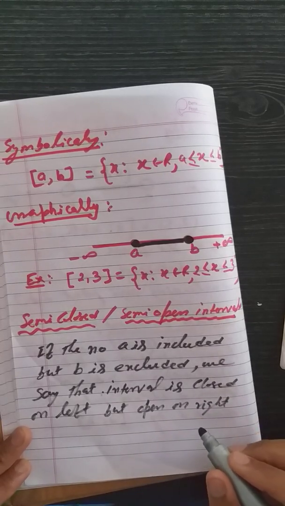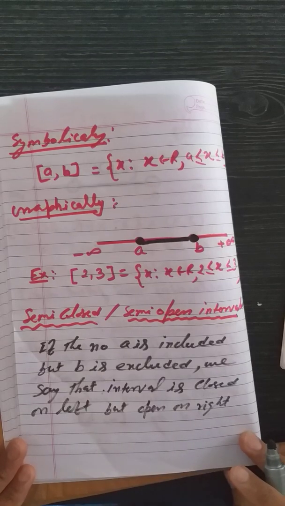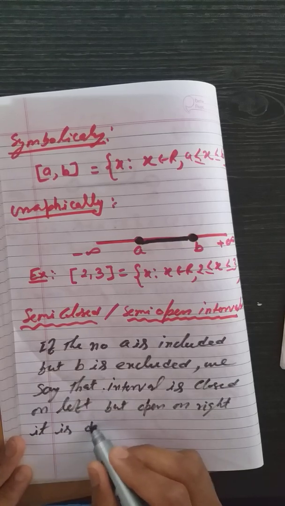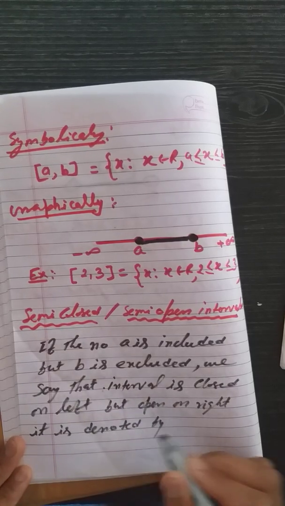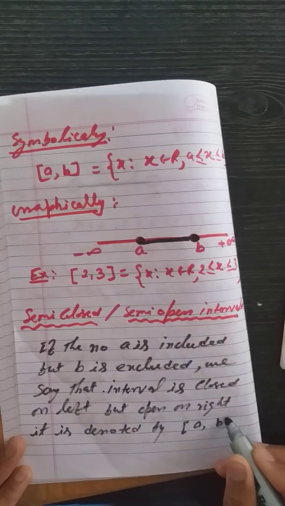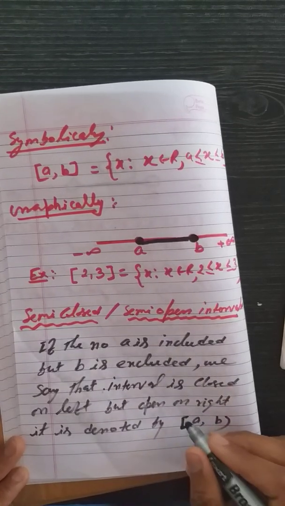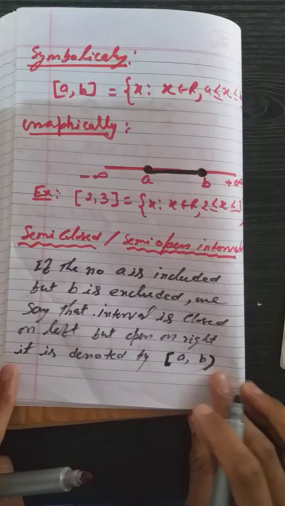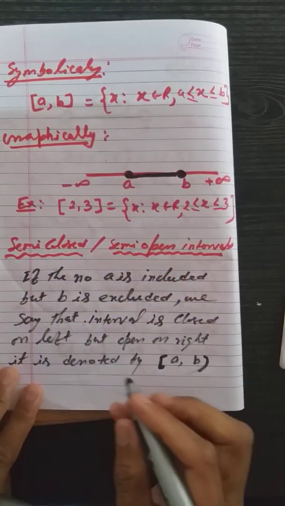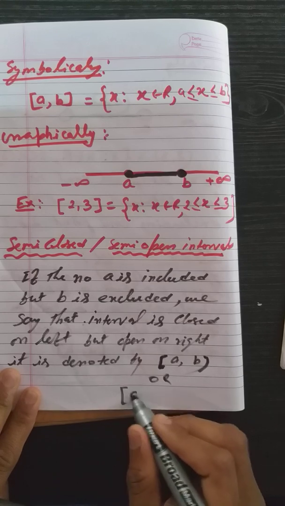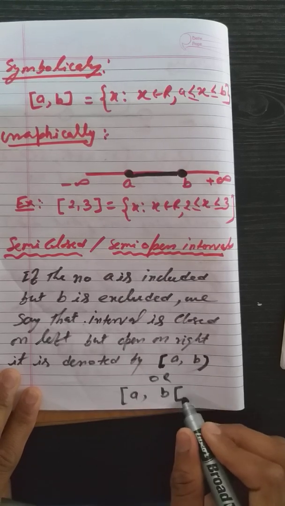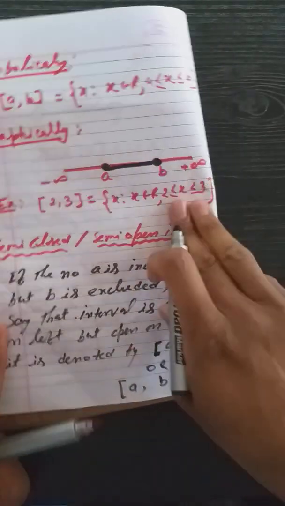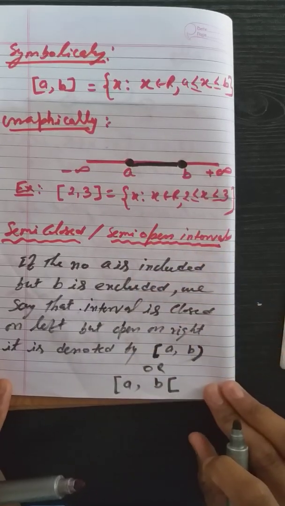It is denoted by this symbol. This is a closed symbol and this is an open symbol. You may also write it like this, or closed on left, open on right may be written by this symbol as well. Both convey the same meaning.